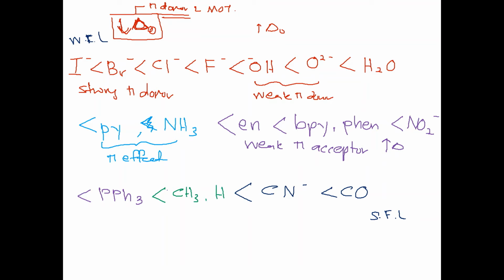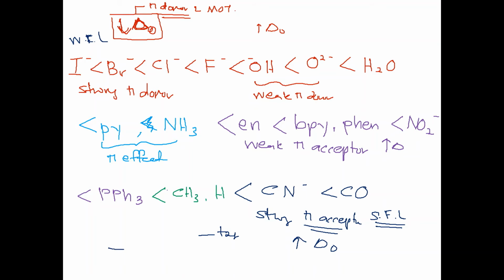And then at the end of this series, where you have strong field ligands, which are strong pi acceptors, you can have a very large delta O. Because remember, with a strong pi acceptor, the ligand will have non-bonding pi.